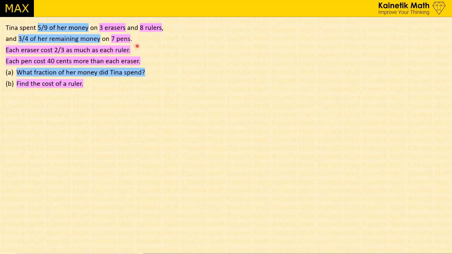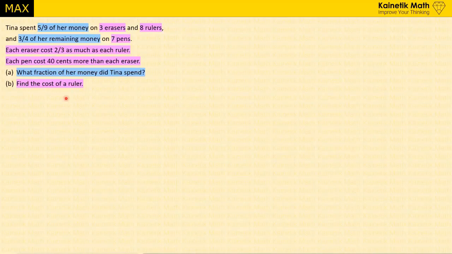So the next group, of course, is dealing with the number of items, the price of each type of the items, and eventually we need to find the cost of one ruler. Are you able to tell which one we should most likely begin with? Which side of the story should we begin with?